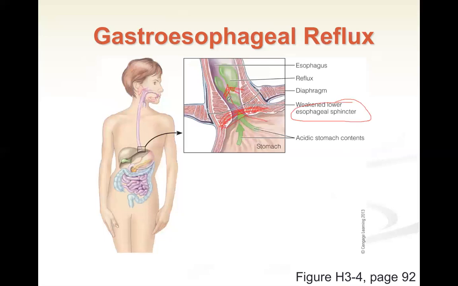There are many other factors that can contribute to this as well. But what happens is your esophagus will become damaged because your esophagus doesn't have mucosal cells to protect it from that acidic chyme in the stomach. The stomach can protect itself, but your esophagus can't. So this can be very painful and in severe cases even lead to esophageal cancer.